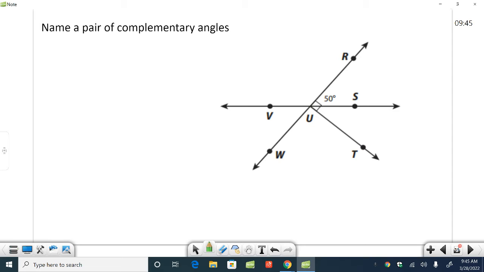So name a pair of complementary angles. Complementary angles have to add up to what? 90 degrees. So somebody give me one angle that's part of it, other than the, what give me, Jordan? RUT. So angle RUT. And what's its other angle that would give you the 90 degrees?